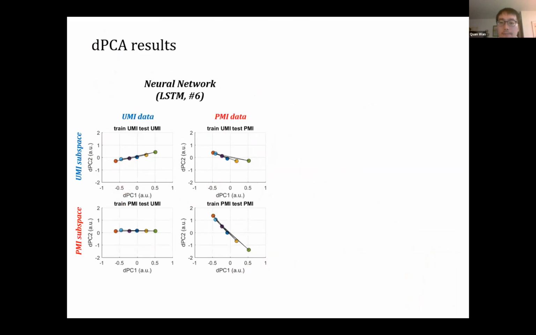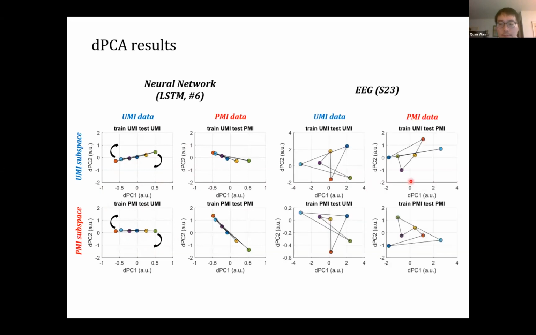So in each subspace, notice that the representational structure shown by the order of the colored dots from left to right is very similar between UMI and PMI. Actually, if you rotate the UMI representation clockwise, it will match the PMI data and vice versa. The fact that we get roughly the same representation in each column suggests that UMI and PMI are coded in similar dimensions. Here are EEG data for an example subject.